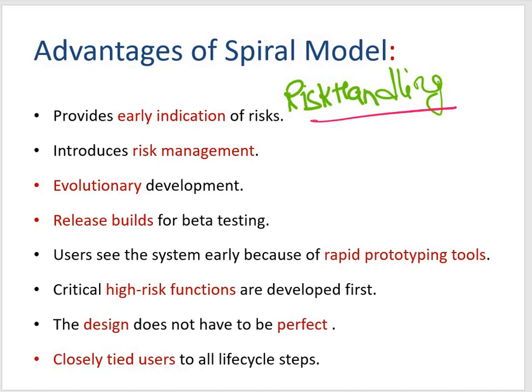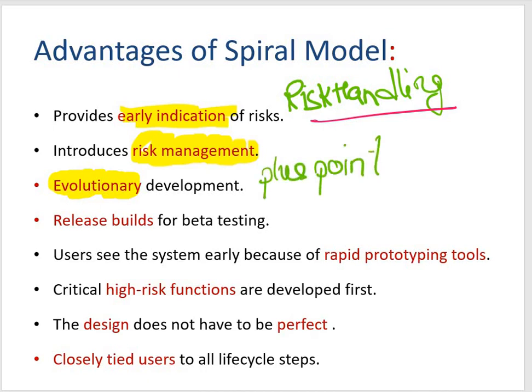The reason being the risk handling characteristic of this particular model. So this particular model provides the early indication of risks, and that is done by introducing the risk management, which is like for the first time we have observed in any of these software development lifecycle models. And this is something which comes up with the evolutionary development. That's what we say, that things evolve. So once again it is a very important plus point for this particular model.